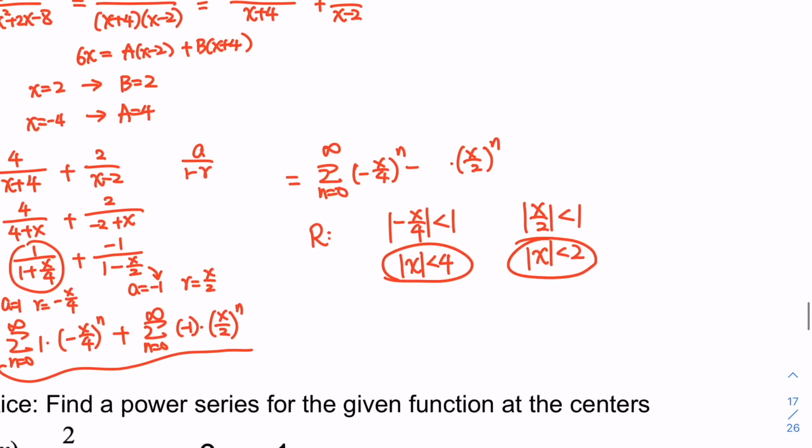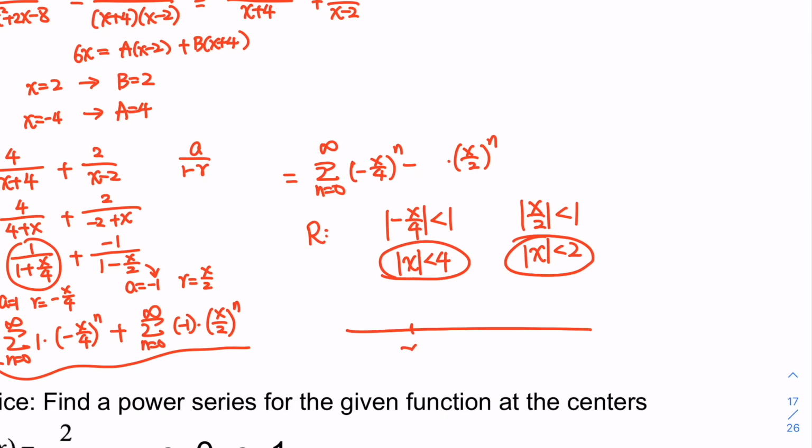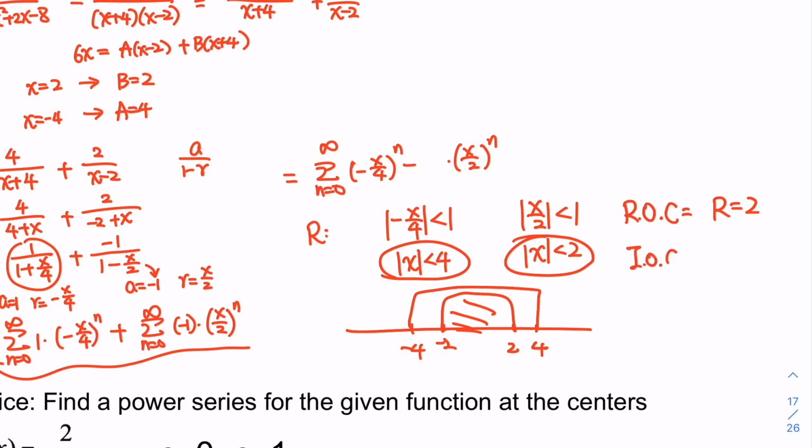This one is from negative 4 to 4. The second one is from negative 2 to 2. So the common part will be from negative 2 to 2. So our radius of convergence will be R equals 2, and the interval of convergence will be negative 2 to positive 2.